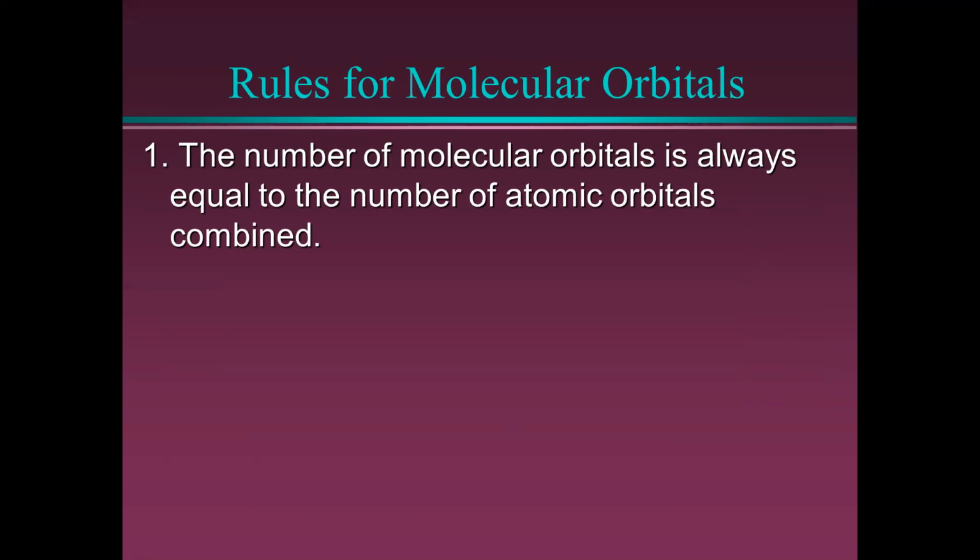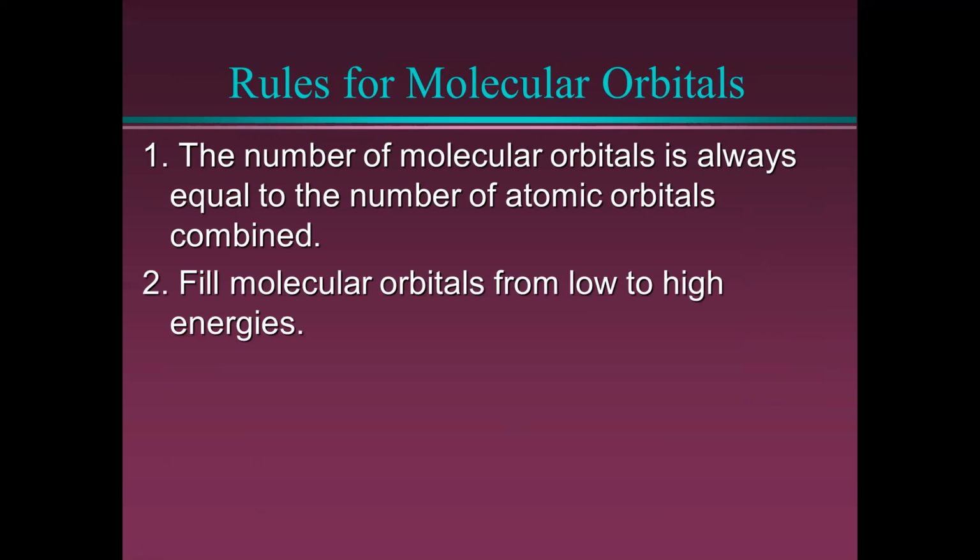So there are some rules for molecular orbitals. Again, let's first read through these rules, and then I will show you how to use them. The number of molecular orbitals is always equal to the number of atomic orbitals combined.